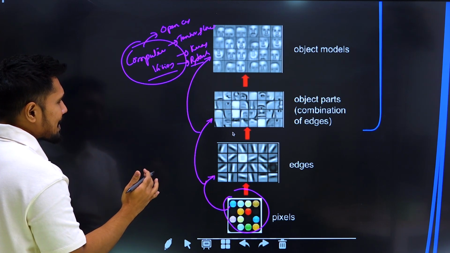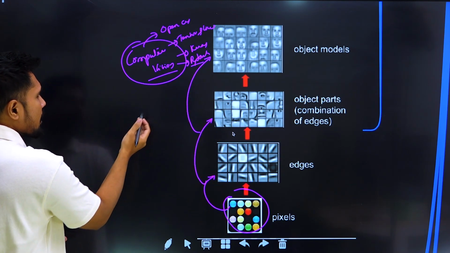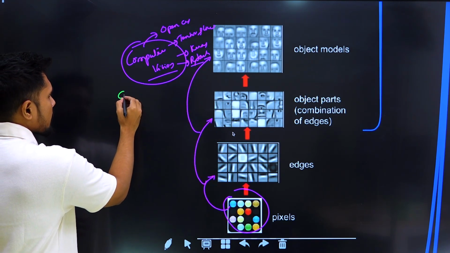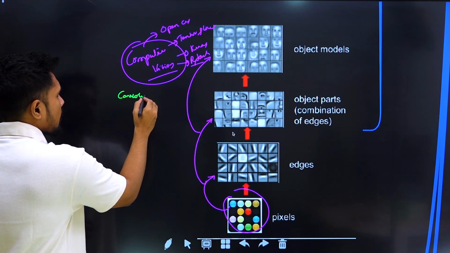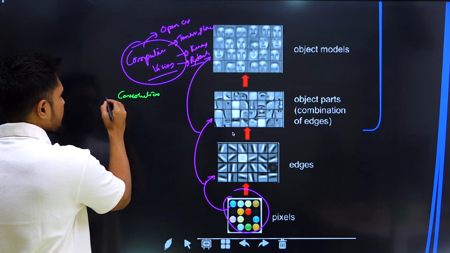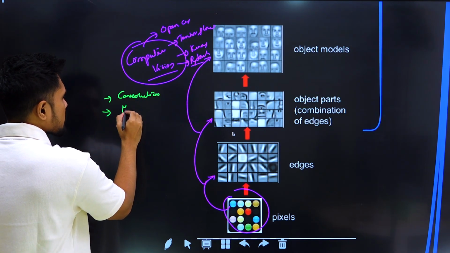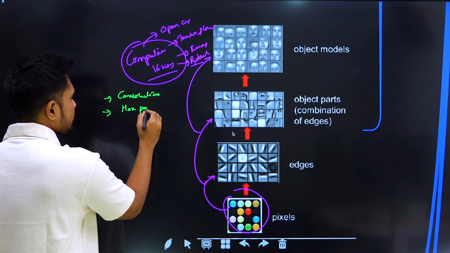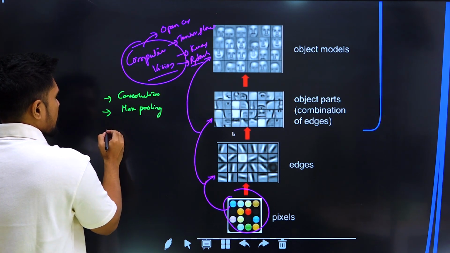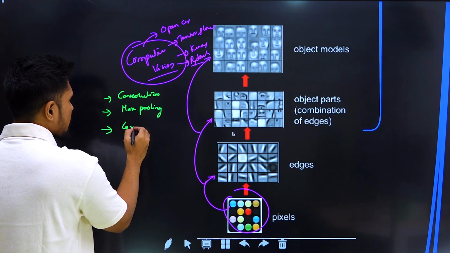And one more thing: whenever you are doing this, there are layers within CNN. So we have a convolution layer, we got a max pooling layer, we got again a convolution layer, and so on.